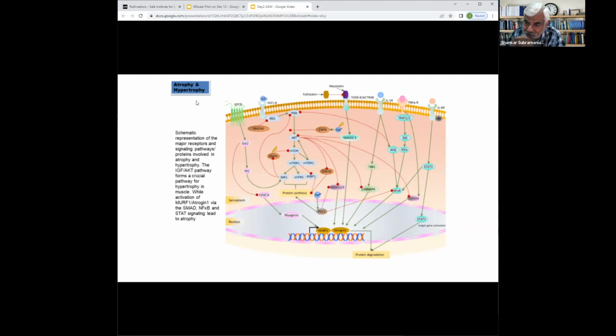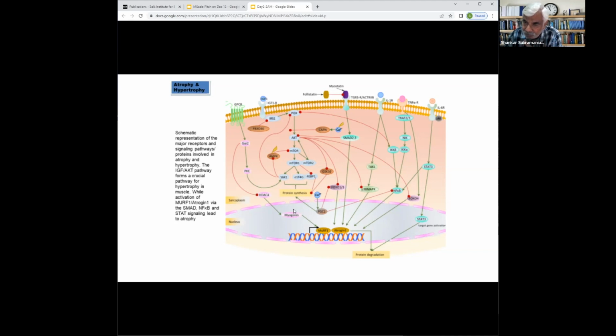So muscle atrophy and hypertrophy are orchestrated through a very interesting set of mechanisms in a muscle cell. For example, if you look at insulin growth factor activation, activating through PI3 kinase and AKT, this gives rise to protein synthesis, and this is really the key to maintain the muscle. When you start aging, many of these factors are downregulated.